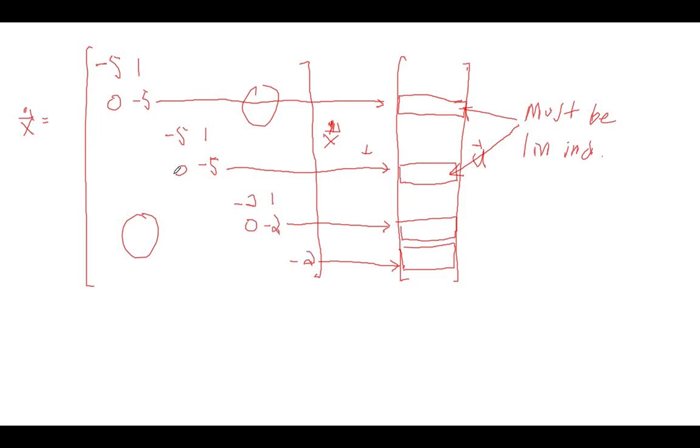But just as with the -5, these two states have the same natural dynamics, the same time constant with this -2 eigenvalue. So it's important that these two rows are linearly independent from each other. So let's just write that. Must be linearly independent for this system to be controllable.